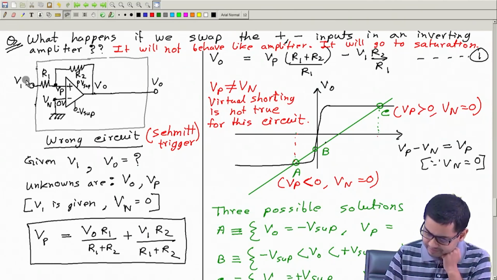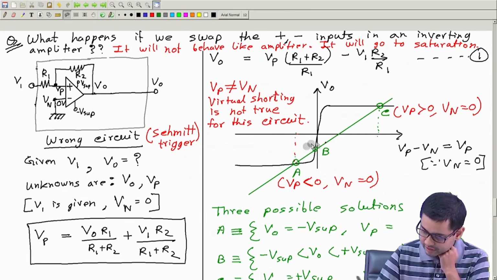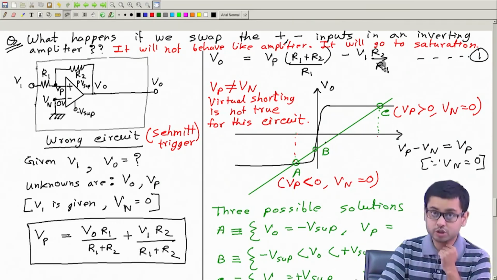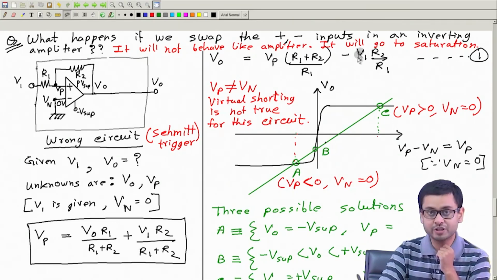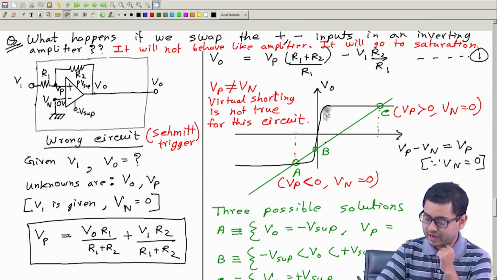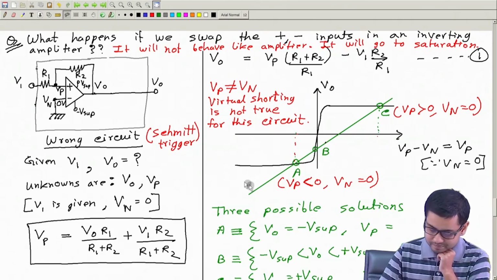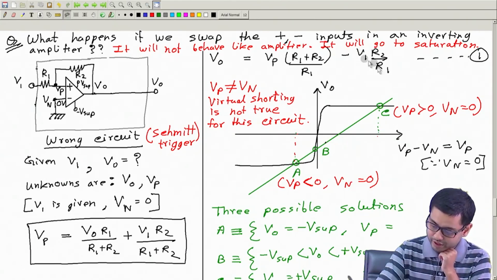If I change V1, then this green curve, given by this equation, is going to change because it depends on V1. But the black curve is not going to change.